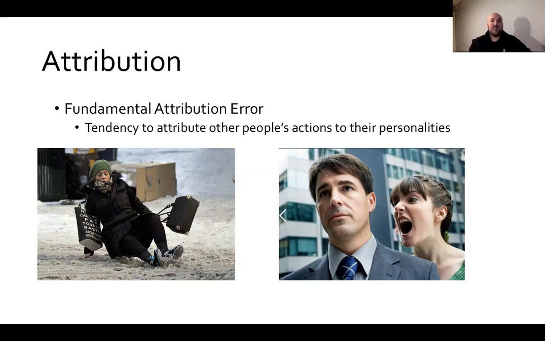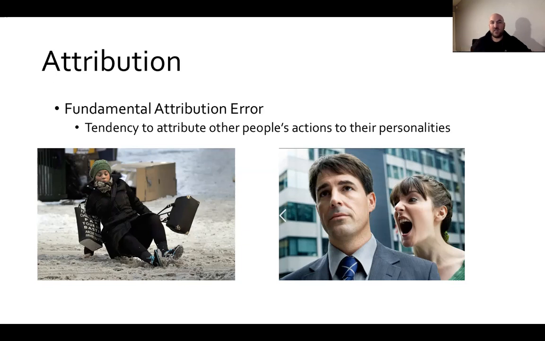We do this exact same thing in traffic, right? If someone is tailgating you, riding your bumper, what is your attribution? Why are they riding your bumper? Probably the first thing that came to your mind is something that's not very nice, right? Probably not a word that I want to be recorded using on YouTube right now, but something like this person's a jerk, right? Notice how when they're tailgating, they're a jerk.